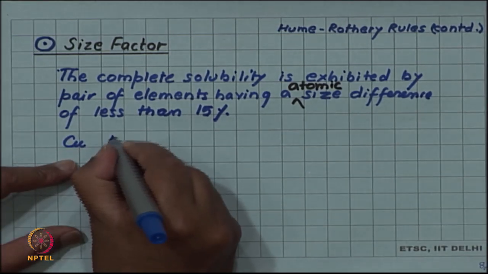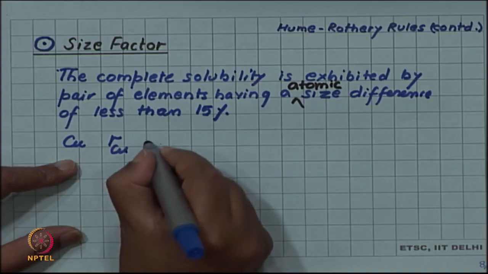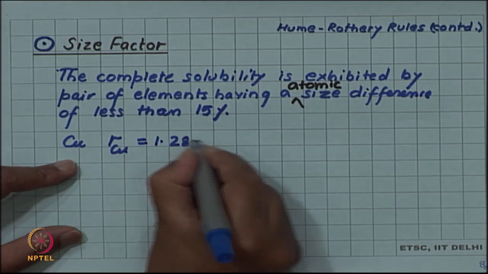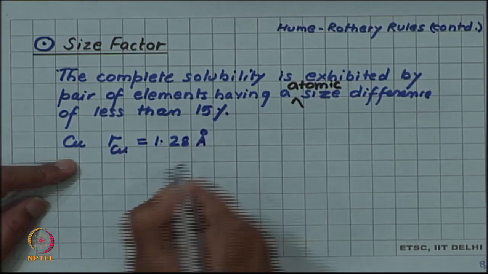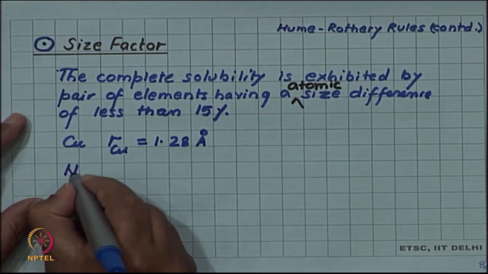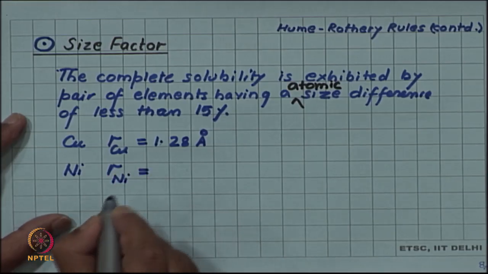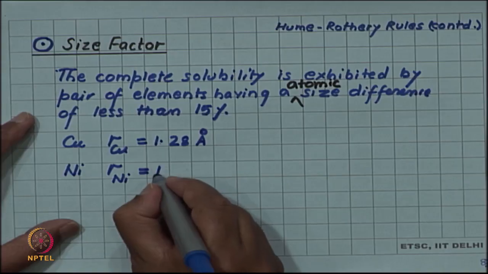So, the radius of a copper atom is 1.28 angstrom, and the next element is nickel, and the radius of a nickel atom is 1.25 angstrom.